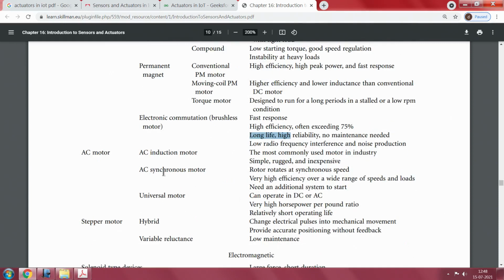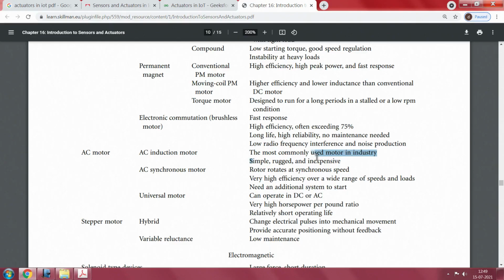AC motors: we can think about synchronous motors and also induction motors. Several industrial plants use induction motors. It is the most commonly used motor in industry, simple, rugged and very inexpensive, from flour mills where we grind our grain to toy making, or any kind of factory you can think of.